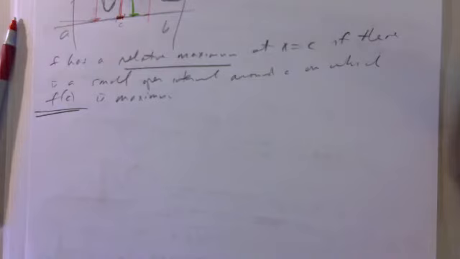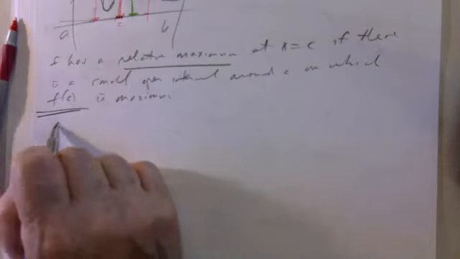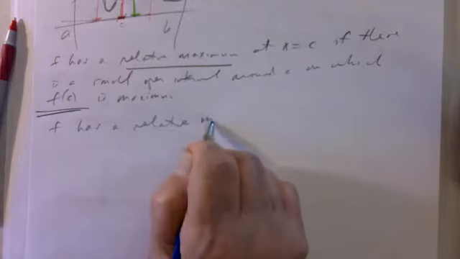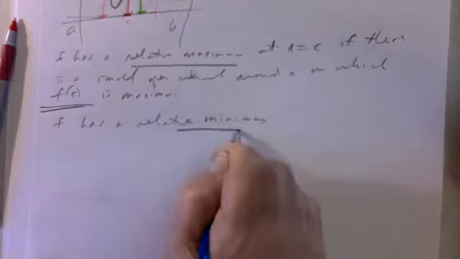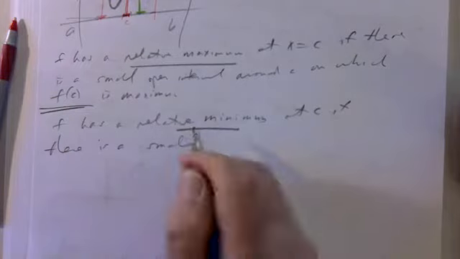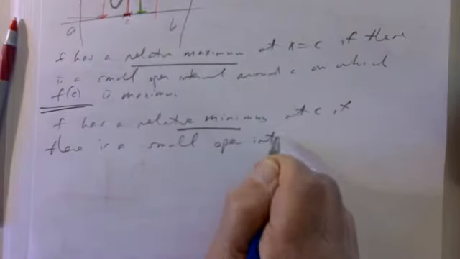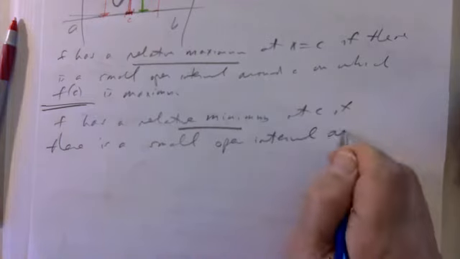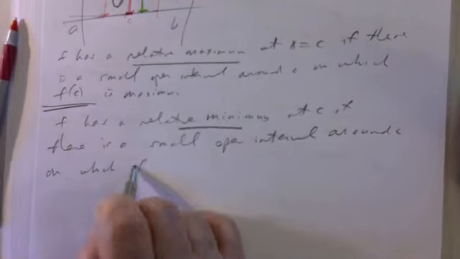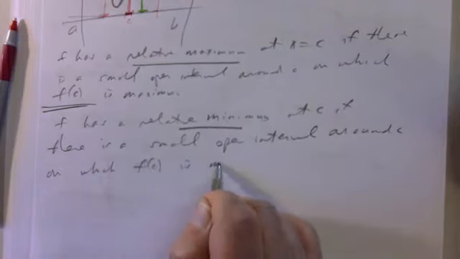So we say f has a relative minimum at some point c if there is a small open interval around c on which f of c is minimum.